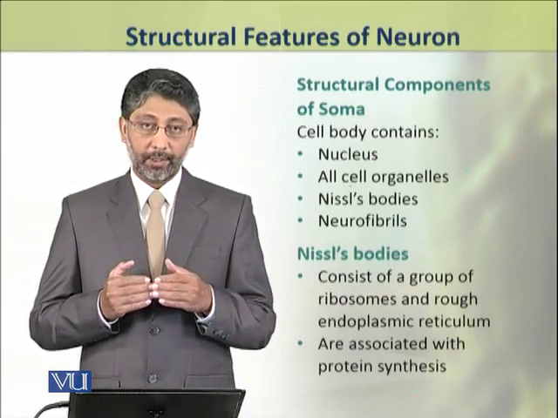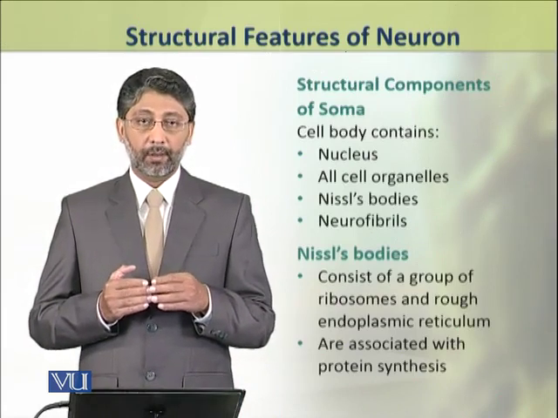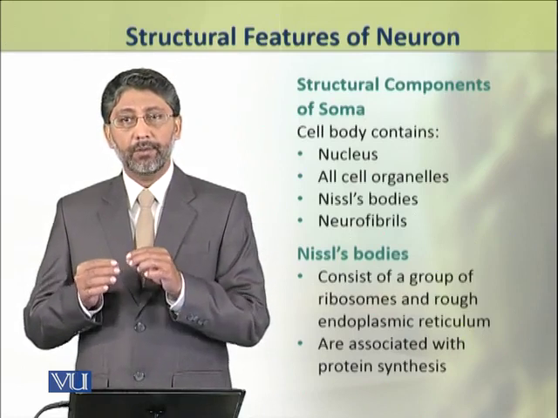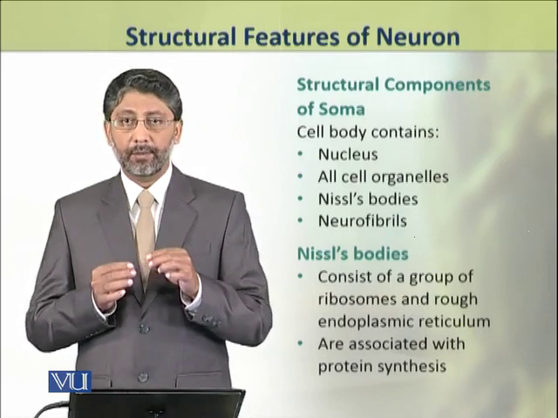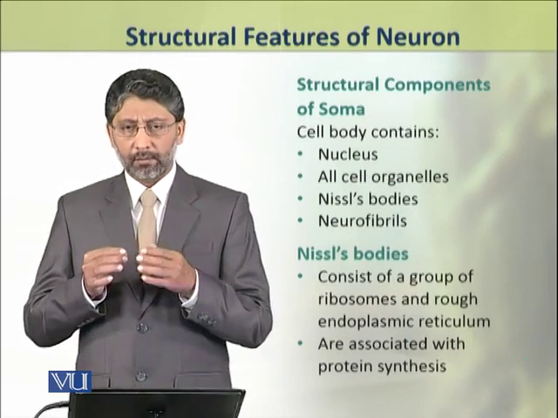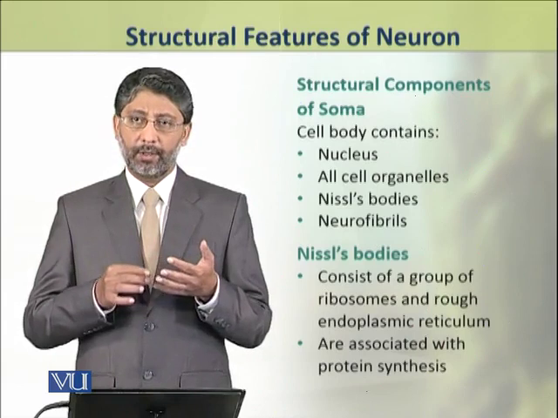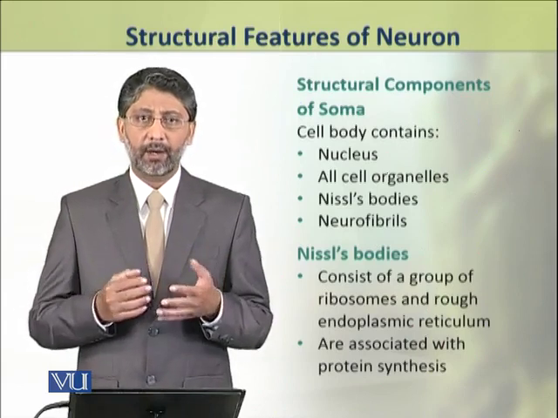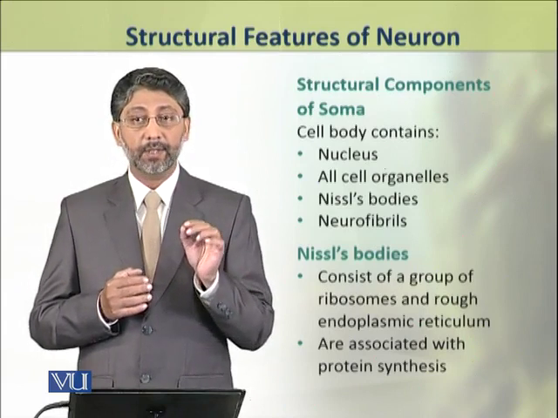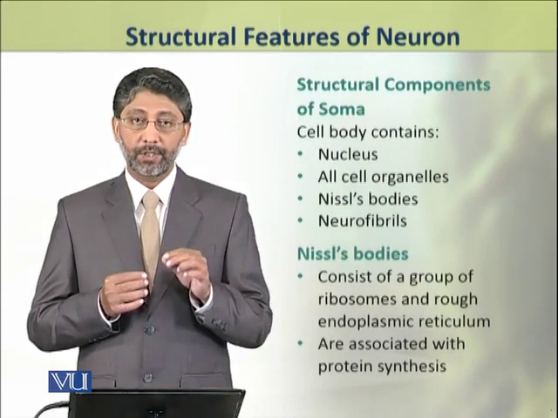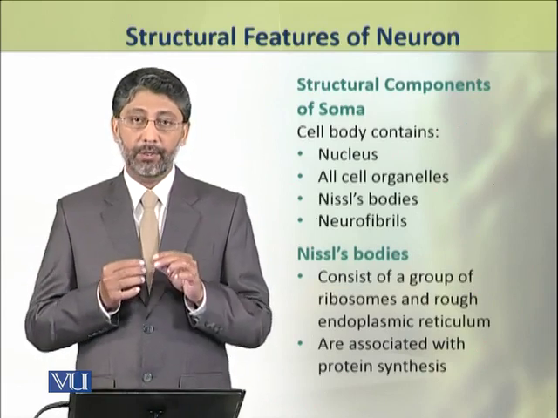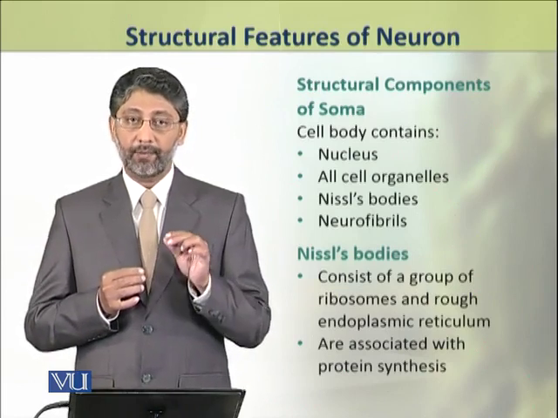The cell body or soma has an almost typical eukaryotic cell-like structure. It has a nucleus. It contains all the cell organelles. In addition to these, there are some specific structures which are called Nissl's granules and neurofibrils in a cell body.